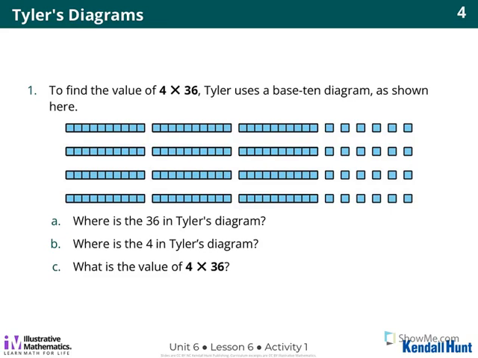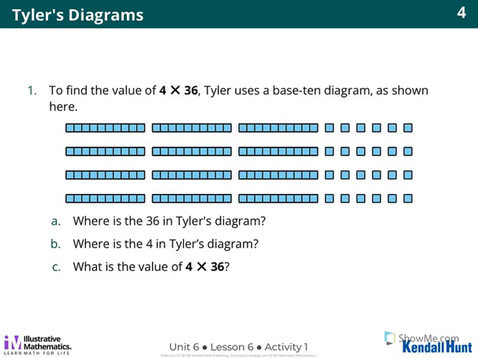Jace, mark your spot and close your book. Where is the 4, right? Because we have to have both of our factors. And what is the value? So when it says what is the value, what is the answer, right, guys? So you've got to use his strategy, see if you can figure out the answer.